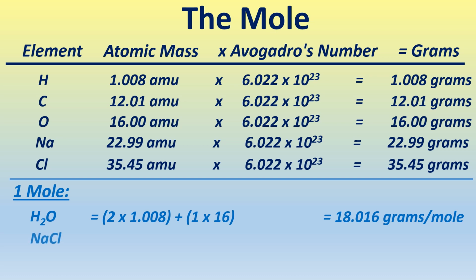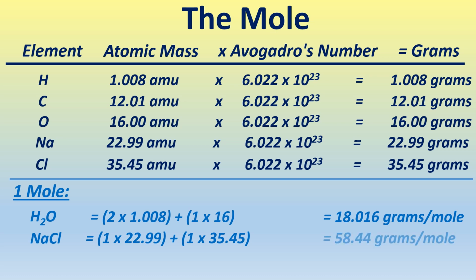Sodium chloride, similarly, has 1 sodium and 1 chloride atom in it. Since the sodium weighs 22.99 and the chlorine 35.45, sodium chloride would have a mass of 58.44 grams per mole.